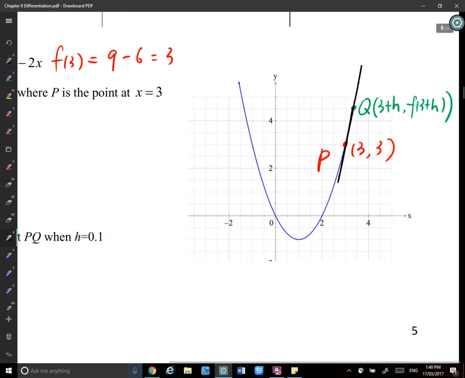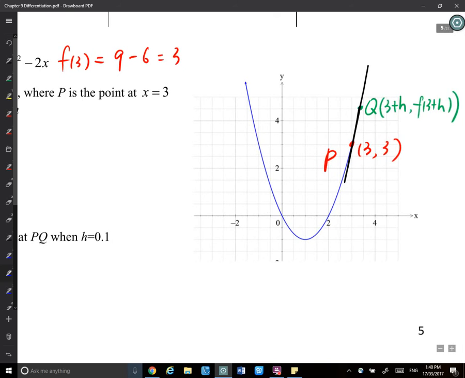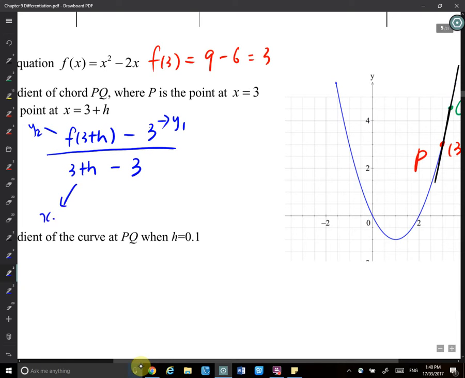So what you will have is f of 3 plus h minus 3, over 3 plus h minus 3, that is y2, y1, x2, x1.